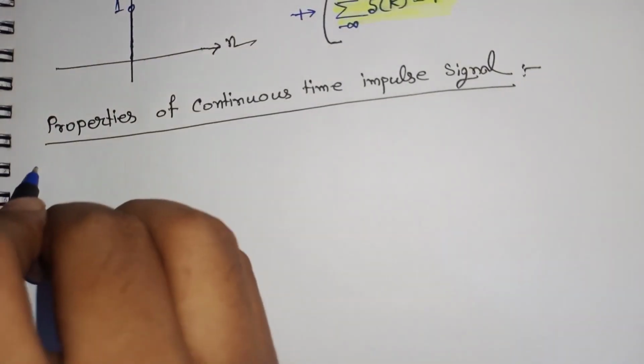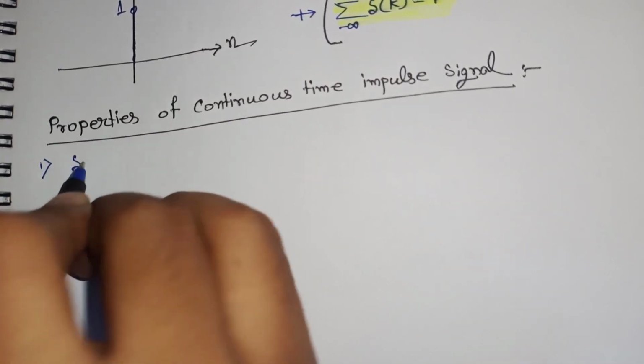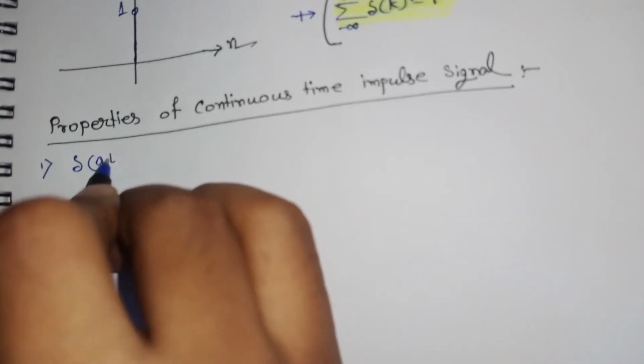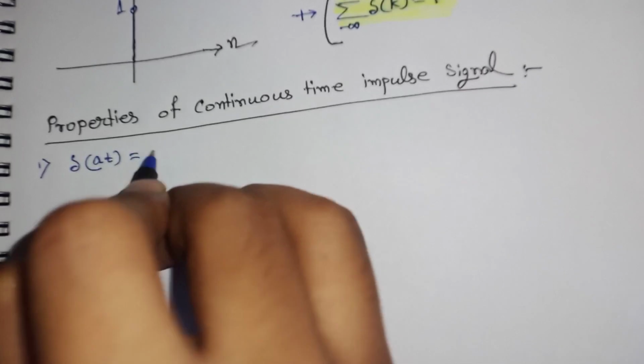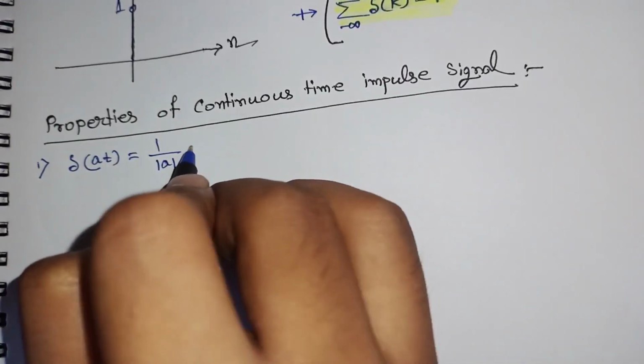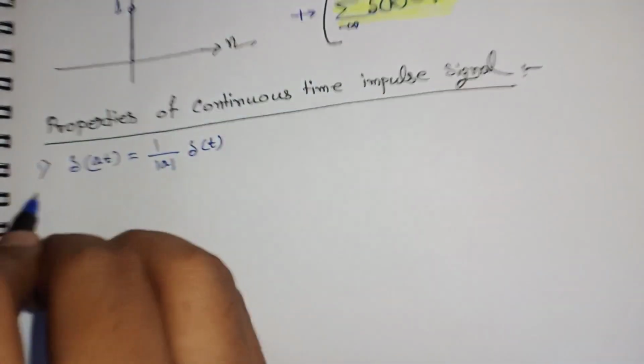First one is scaling: del at equals to 1 by mod a del t.